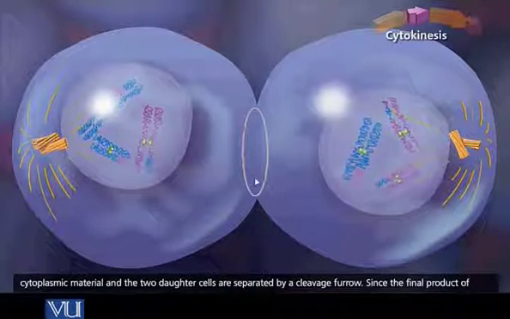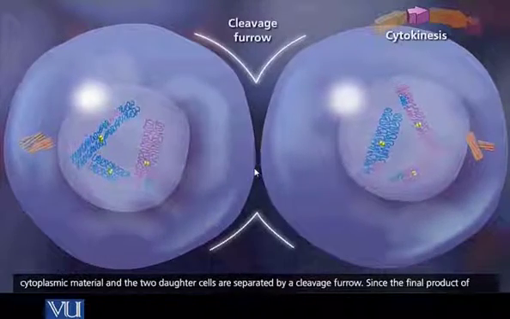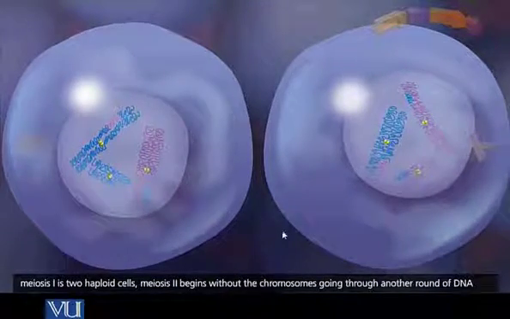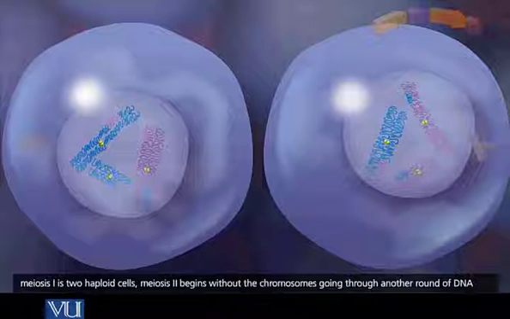The cell will split into two, a process called cytokinesis. There is a cleavage furrow, and now from one cell we have made two cells. These two cells are very different from mitosis. Although the total amount of genetic material is the same as the parent, these cells have only one partner of the homologous chromosomes.